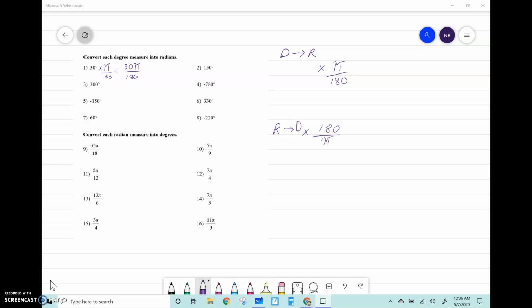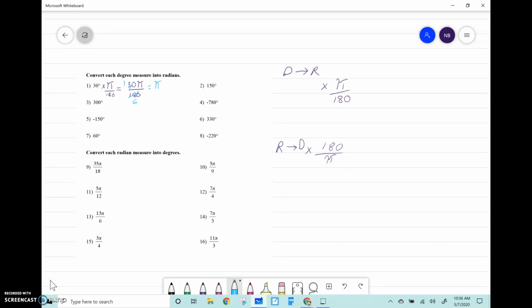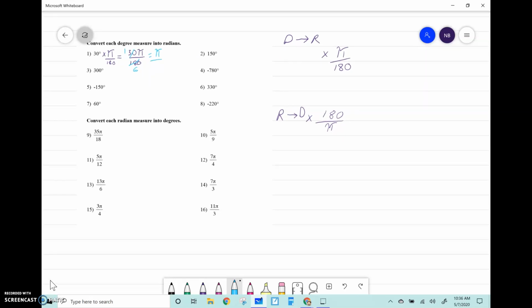Once we simplify, we end up with 1 pi over 6, which in turn is just pi over 6.